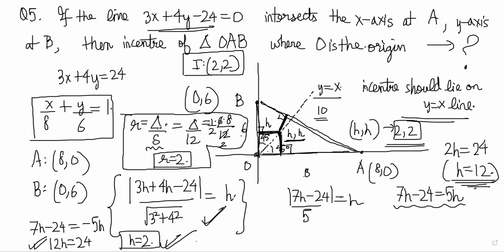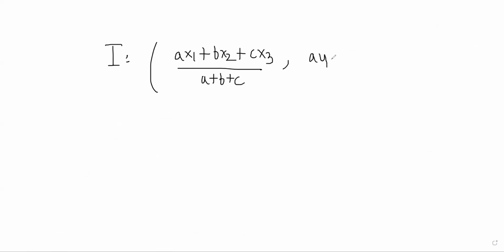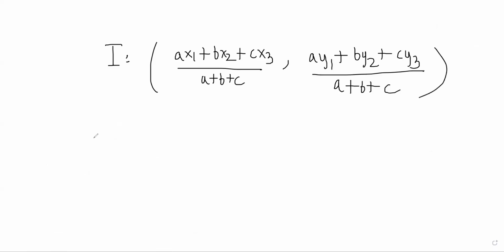So if you remember it, great, you can use it and you will get the answer in a single step here. Because all the three coordinates are known, you can use the result that the incenter is (a x1 + b x2 + c x3)/(a + b + c), comma, (a y1 + b y2 + c y3)/(a + b + c). But you can solve it without using this formula also, like we just now did, right?